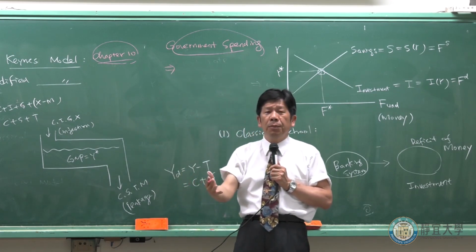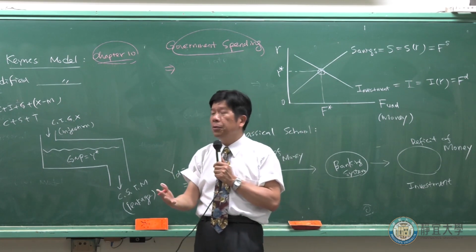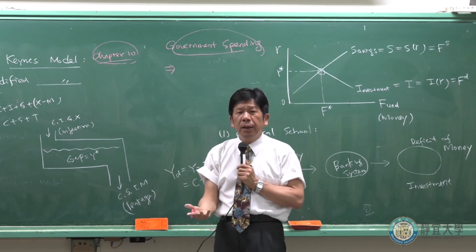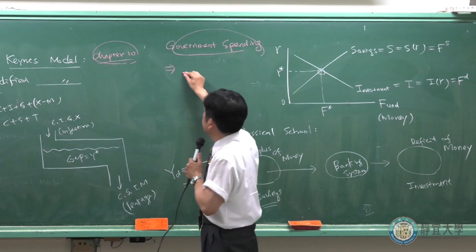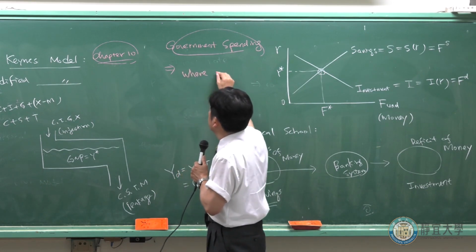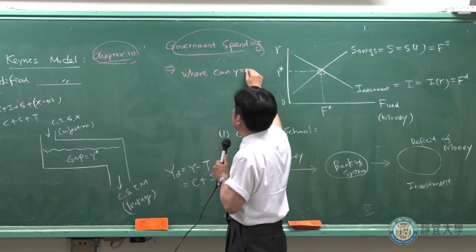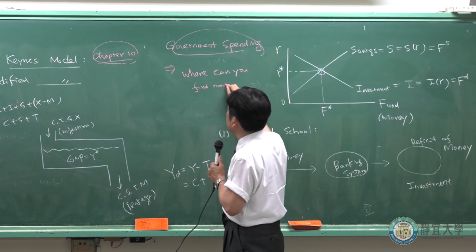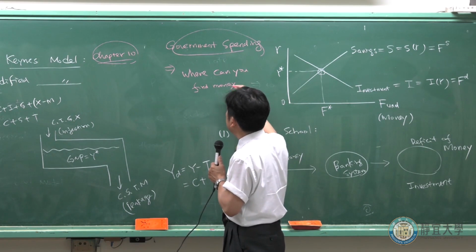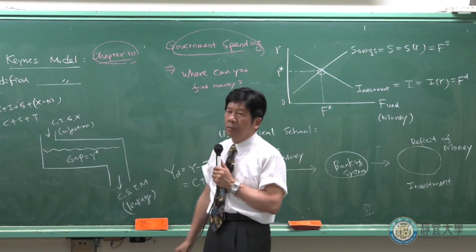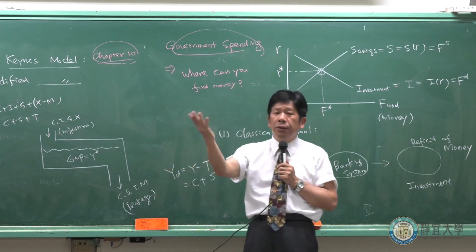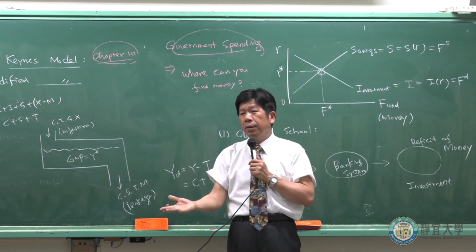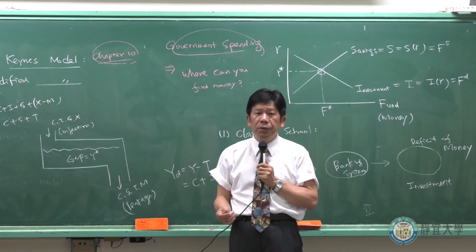But after that, the government will spend a lot of money. And where can you find the money? You want to do a lot of things, but actually the money is very important.